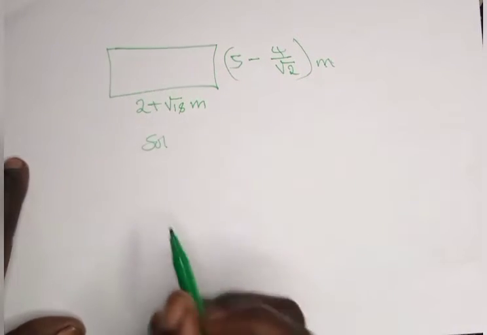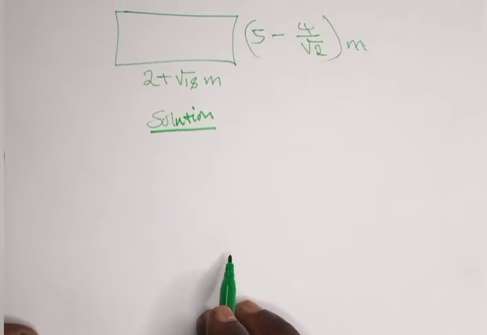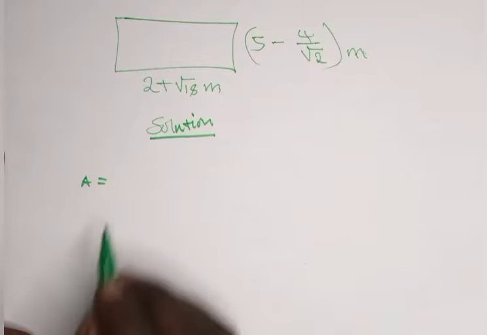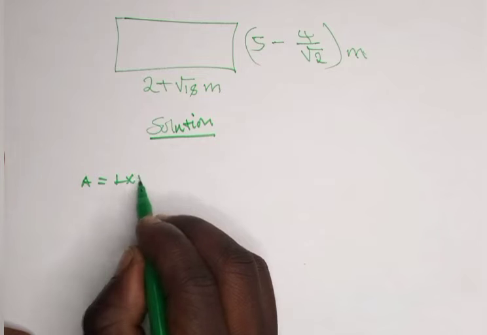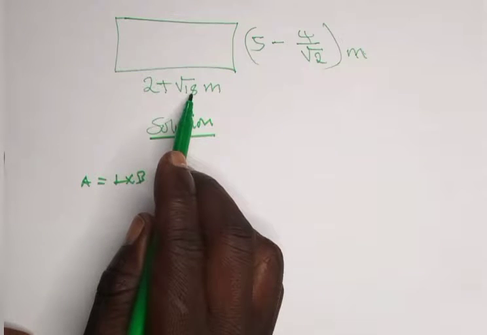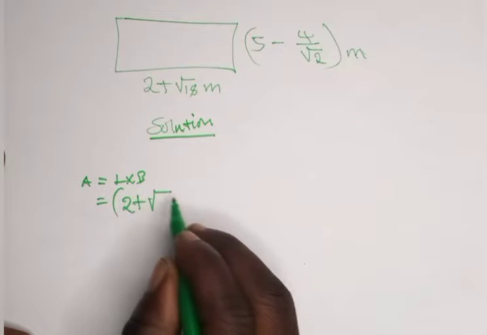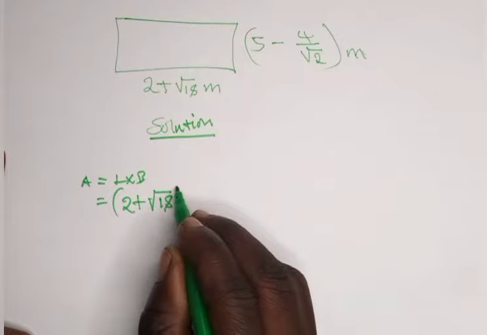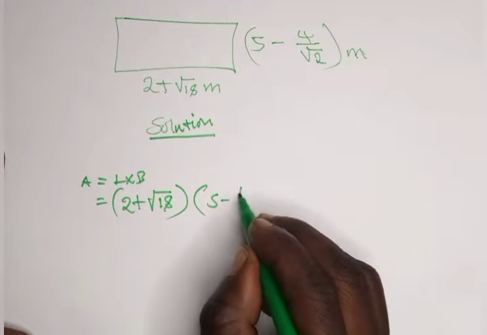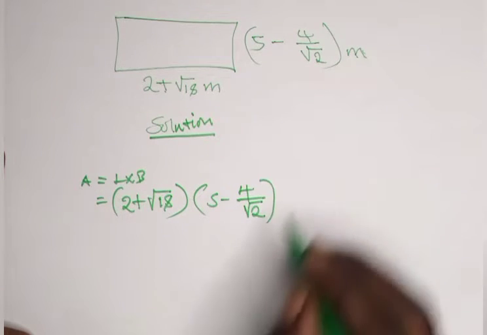Now let's look for the solution. We all know the formula for the area of a rectangle: A equals L times B. The length is 2 plus square root 18 meters, so let's write down open bracket 2 plus root 18 close, open bracket 5 minus 4 over root 2 close, which is the breadth in meters.